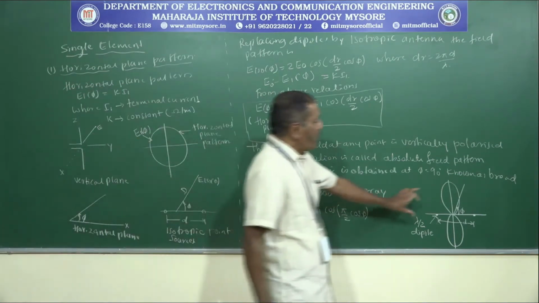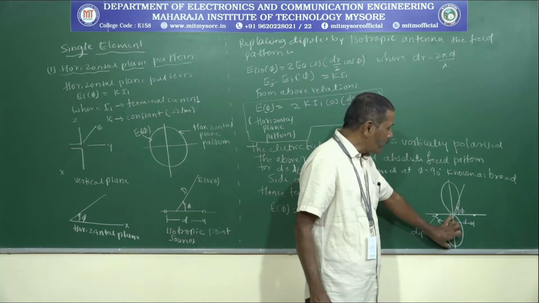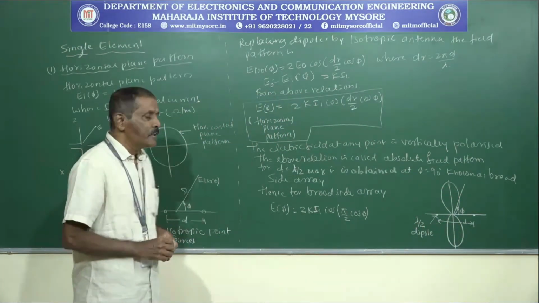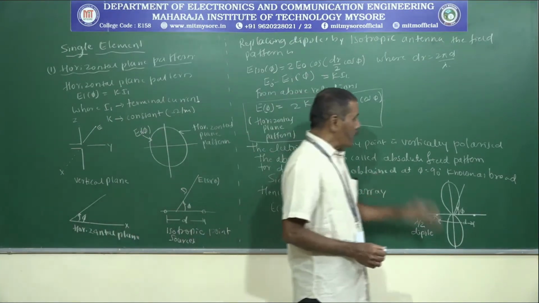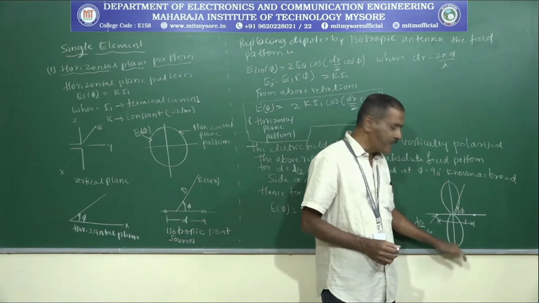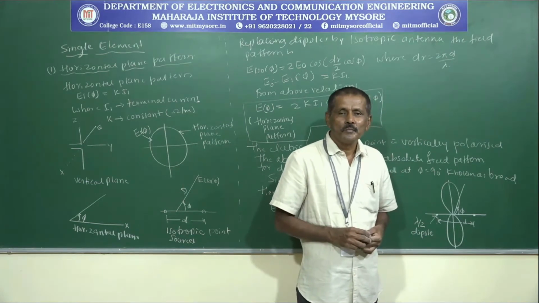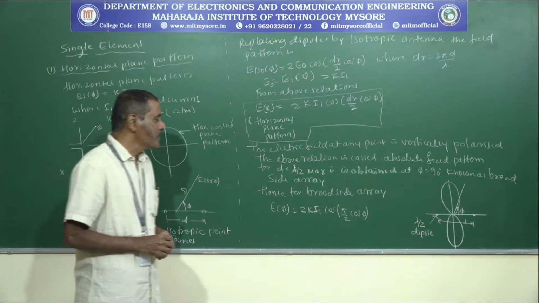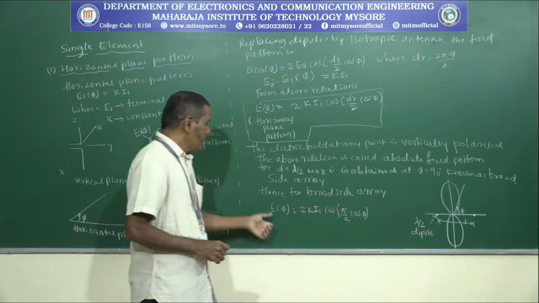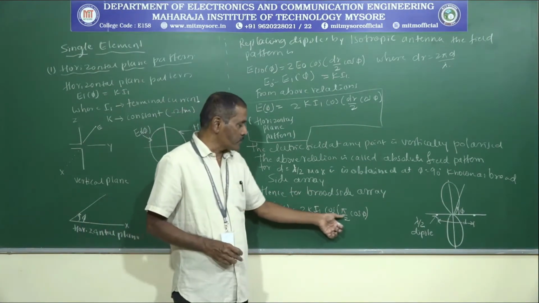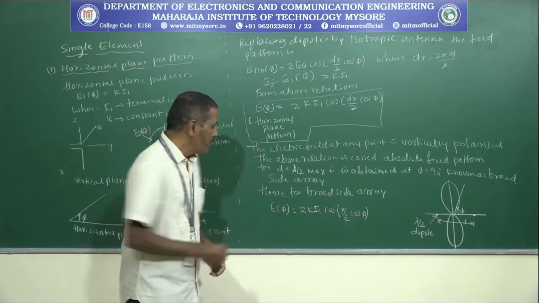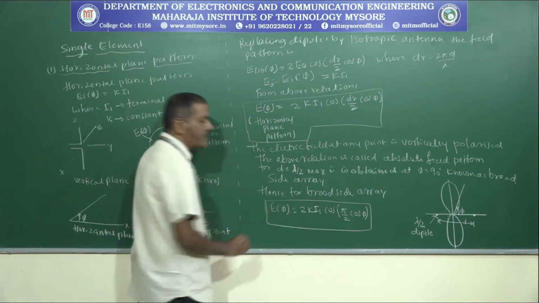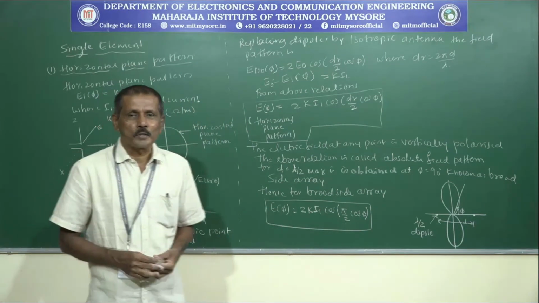That is, at phi equal to 90 degrees and phi equal to 270 degrees, we are getting the maximum field. Because we are getting the maximum radiation at 90 degrees and 270 degrees, it is called a broadside array. Hence, for the broadside array, E of phi is equal to 2K I1 cos of pi by 2 cos of phi.